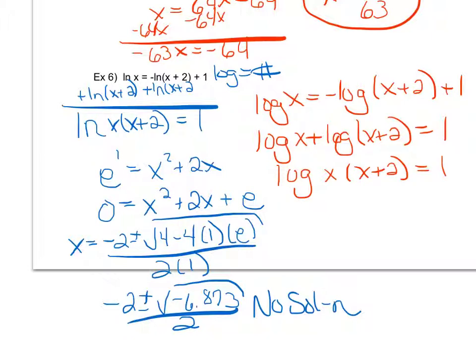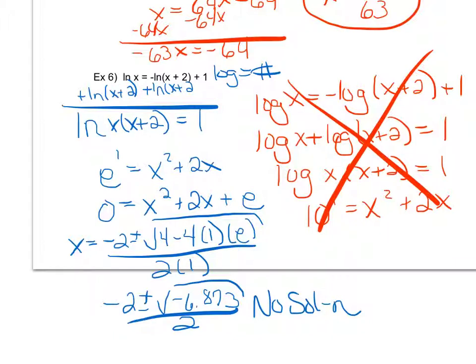Now I would have changed to exponential form, saying 10 to the 1 equals x squared plus 2x. So then I could have subtracted 10 from each side. Actually, that wasn't what I wanted to do either. I'm all over the place. I'm going to go ahead and just stop this problem. I'm not going to look at that. The base that I had wanted to do was base 3. So I think what I'll do is I'll save that for an in-class example one day.